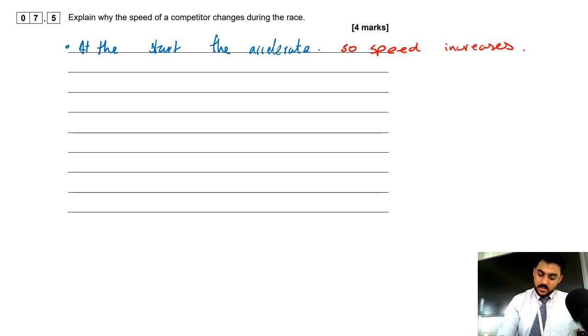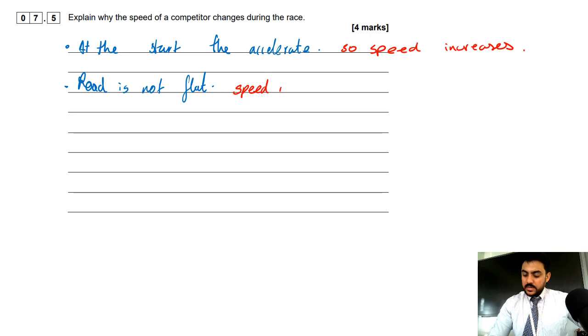Then I might say the road is not flat. Speed increases downhill. Decreases uphill.